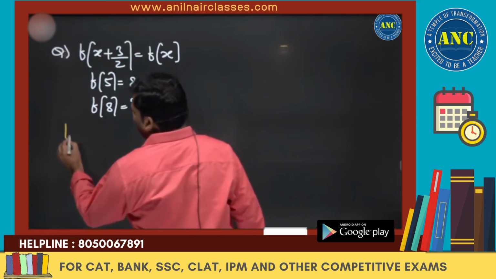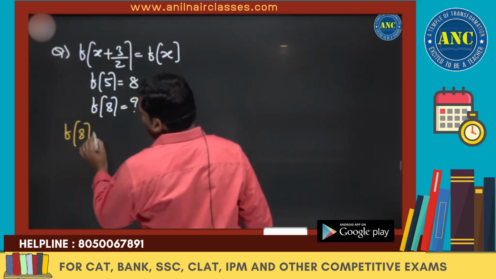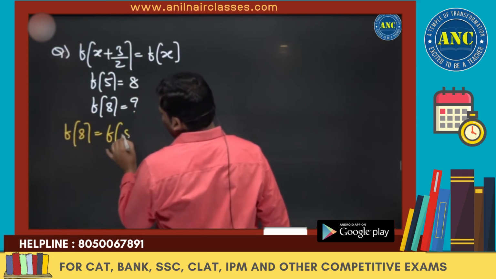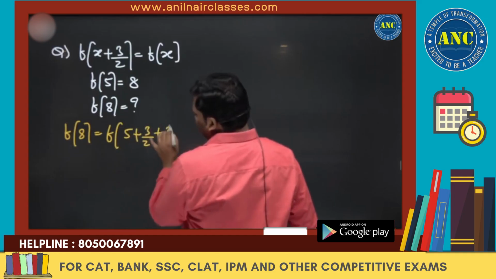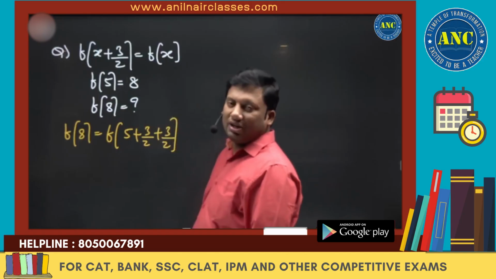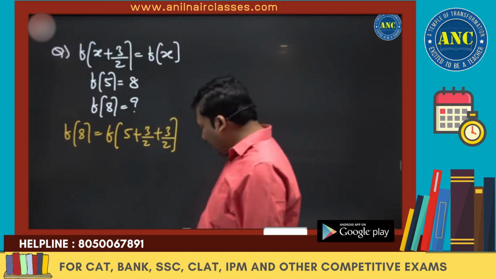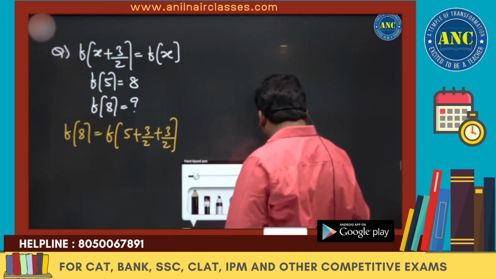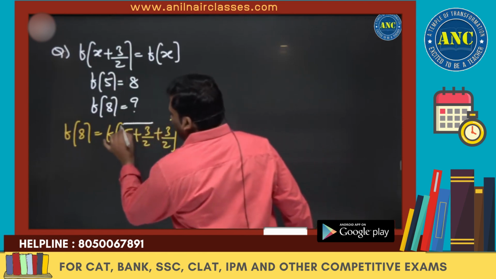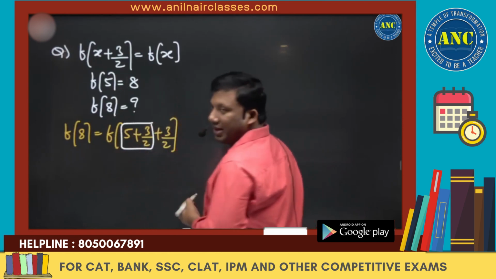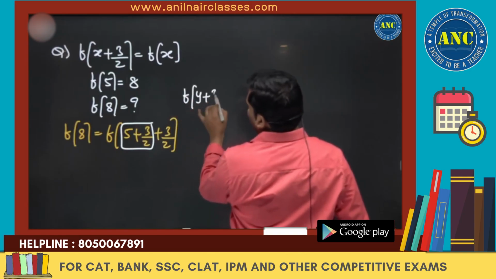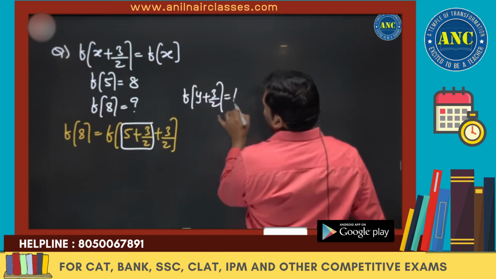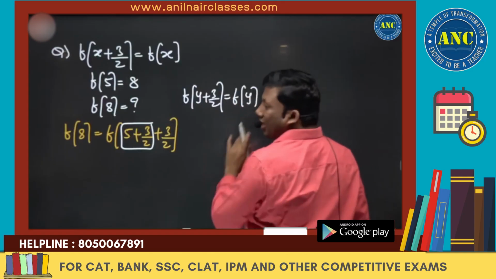Now f(8) can be written as f(5 + 3/2 + 3/2). Why did I write it like this? If you observe carefully here, if I call it y, f(y + 3/2) is equivalent to f(y) as per the question.